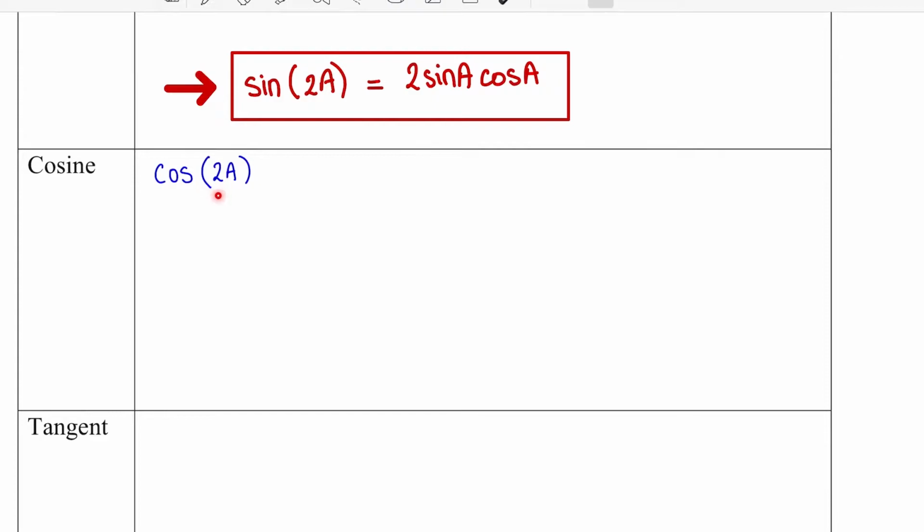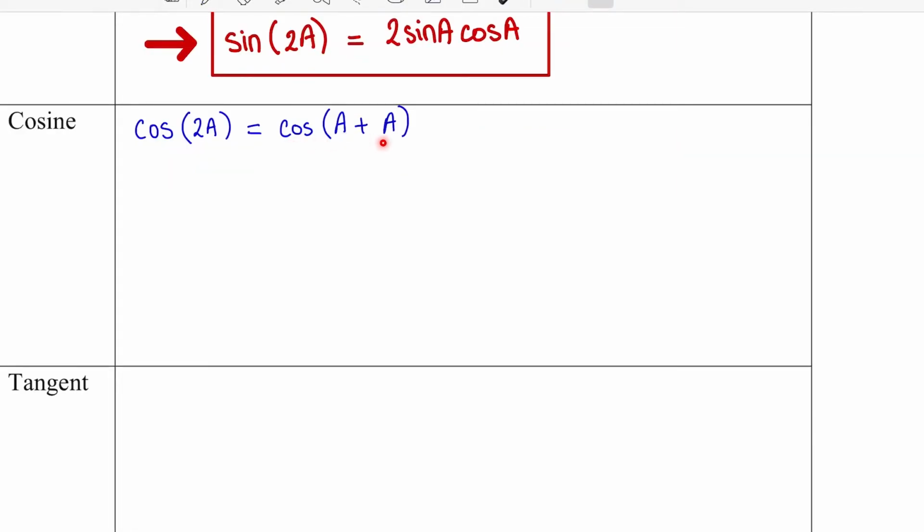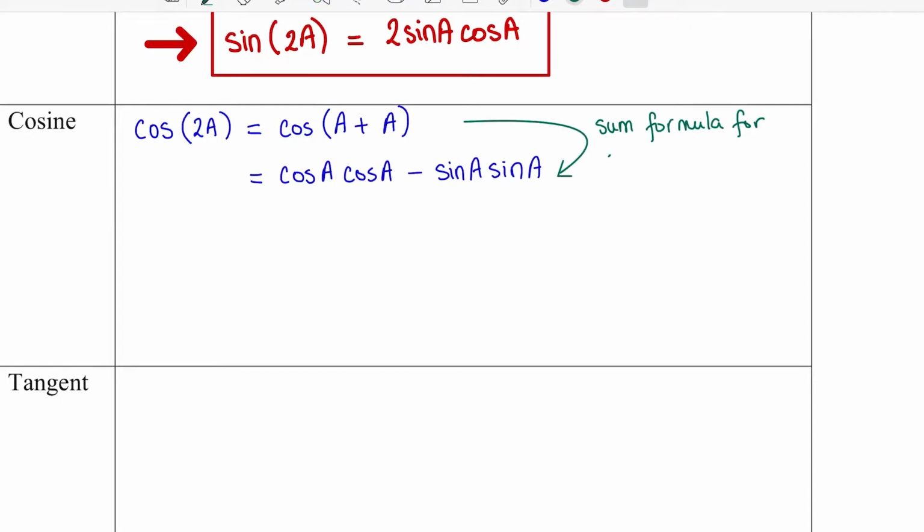Next, we have the double angle for cosine. I am going to do the same thing. I will rewrite 2A as A plus A. Cosine of A plus A equals cosine A cosine A minus sine A sine A. From here to here, I'm using the sum formula for cosine that we learned in section 7.2.